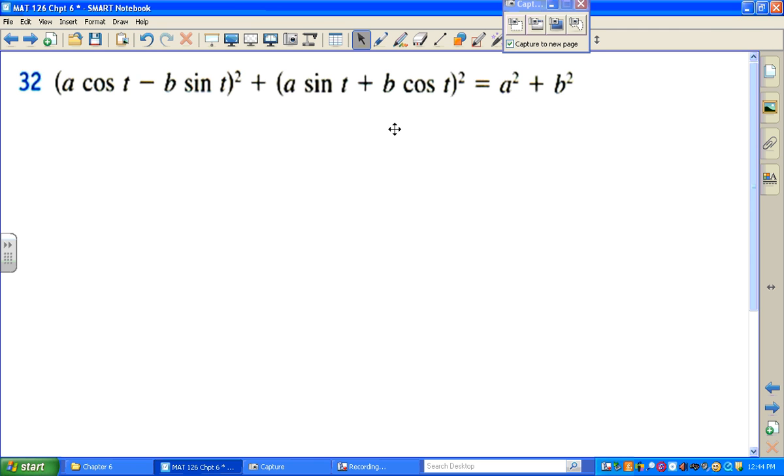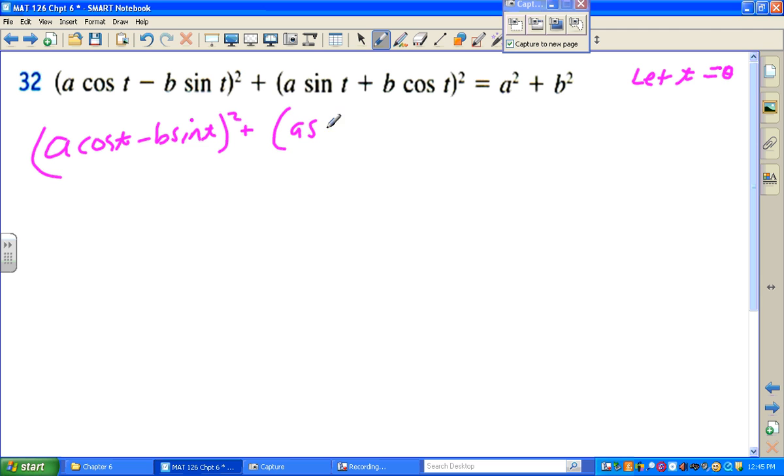I count 3. All right, we'll let t equal theta. So we've got A cosine t minus B sine t, squared, plus A sine t plus B cosine t, squared.